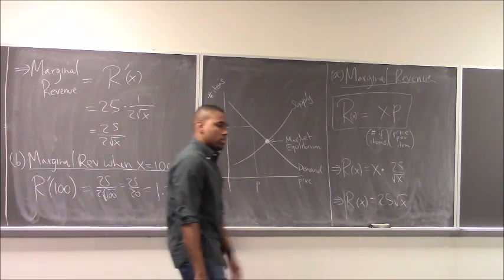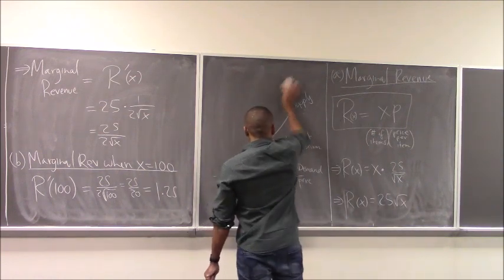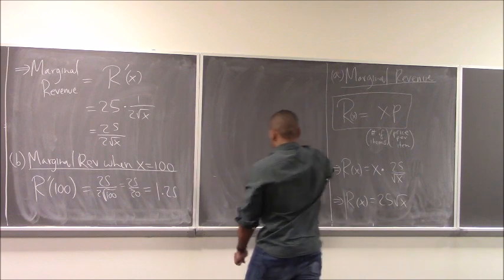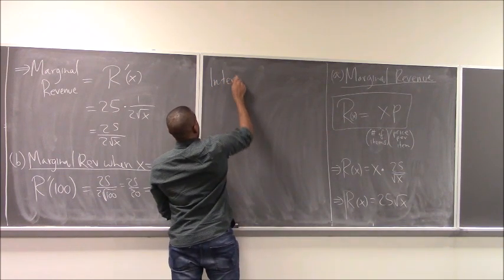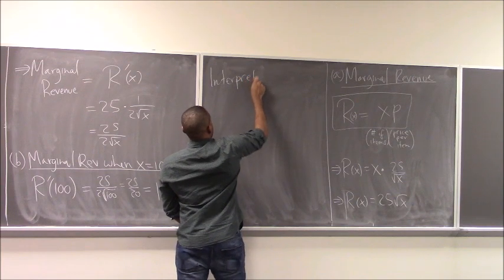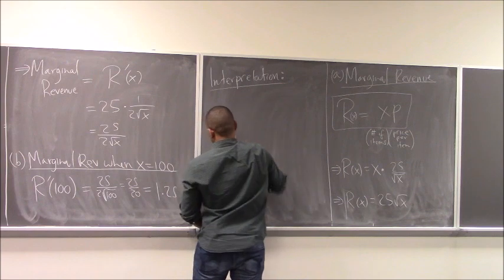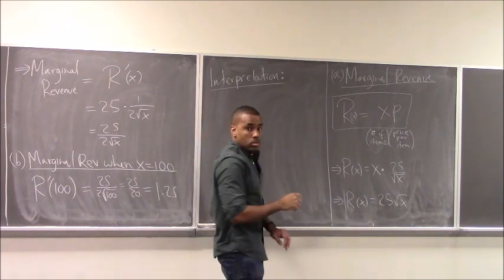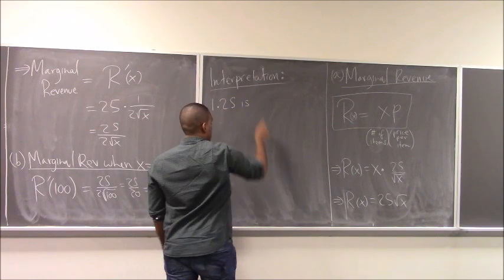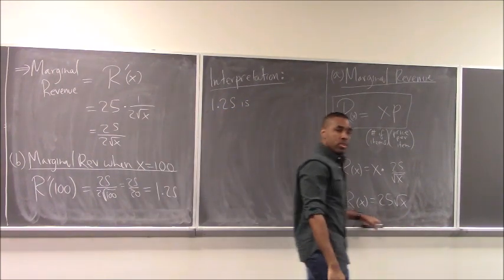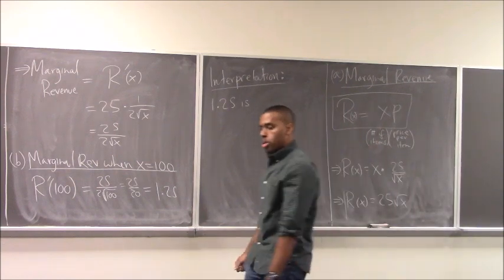What's the interpretation of that number? How would you interpret that number, 1.25? You find the marginal revenue, you plug in 100, you get the answer 1.25.